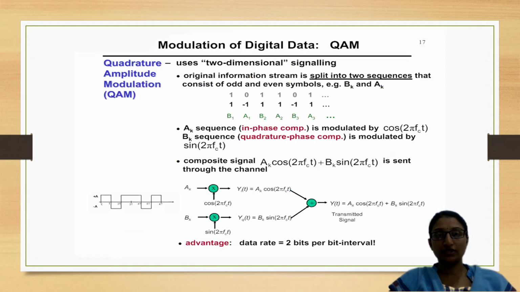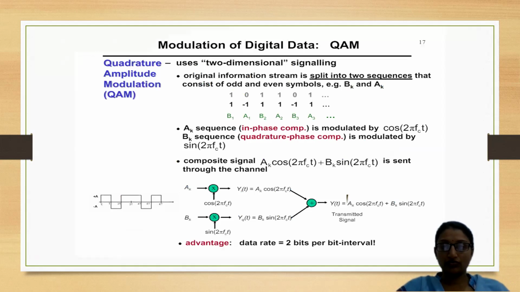The information stream is split into two sequences, odd and even, as shown here. The AK sequence, the in-phase component, is modulated by cos 2 pi fct, whereas the quadrature phase component is modulated with sin 2 pi fct. So here you can say it is two-dimensional signaling. QAM uses a two-dimensional signal.